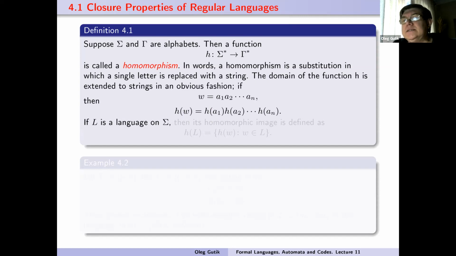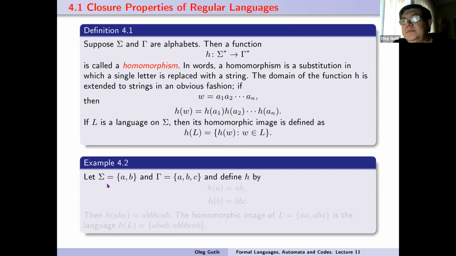If L is a language on alphabet sigma, then its homomorphic image is defined as h of L, the set which consists of h of w, where w is a word from the language L.